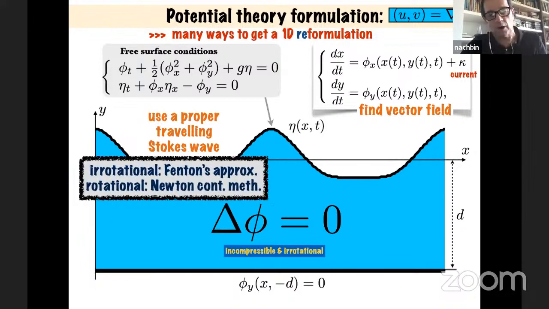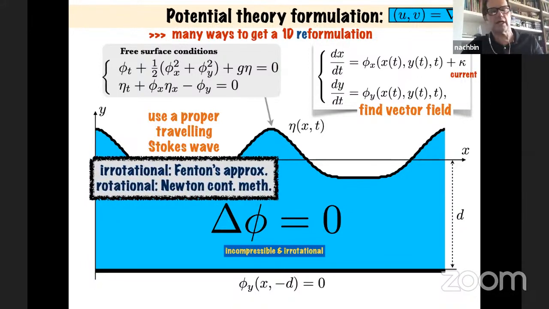Another part of the story is that for the irrotational case, there's a very good Fourier approximation for the Stokes wave, by Fenton, called Fenton's approximation. But for the rotational case, there's an existence proof for a traveling wave solution, but no hint about its profile. So, as I'm going to show you, we use a sort of Newton continuation method to get this traveling wave profile.